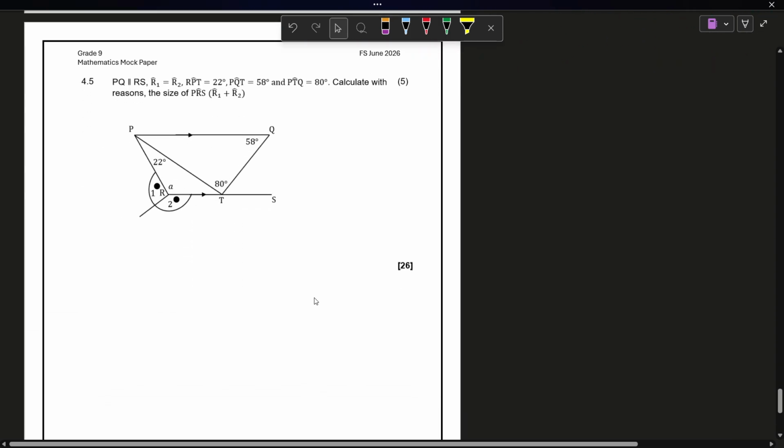Okay, what about 4.5? Right. Let's see what we've got. What do they want us to do? Calculate with reasons the size of PRS. Okay, so they want us to calculate this angle, PRS.